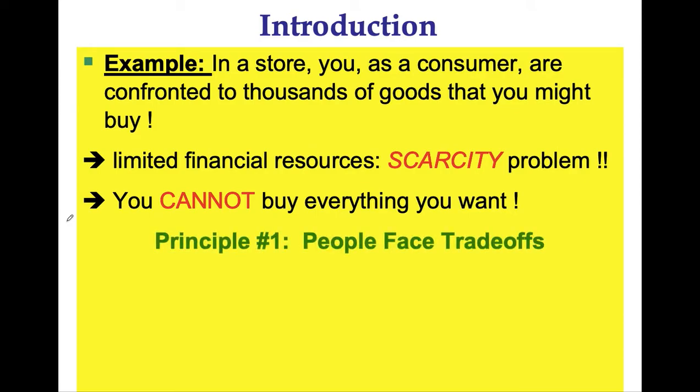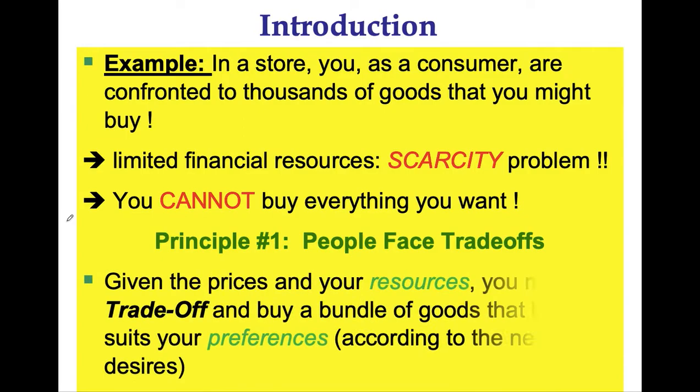This reminds us of principle number 1 we have seen in chapter number 1: people face trade-offs. So you can predict that this consumer is going to make a trade-off. This trade-off will make him choose certain types of goods and services and give up other goods and services.